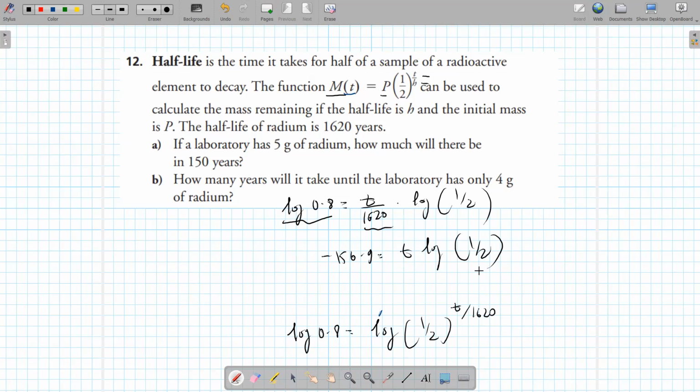We're trying to solve for t. Now you divide both sides by log of 0.5, or log of 1/2, and that should give you the final answer, which is t equals 521.5 years. Yay. Long time, right?